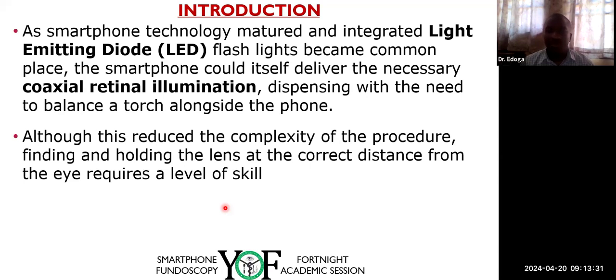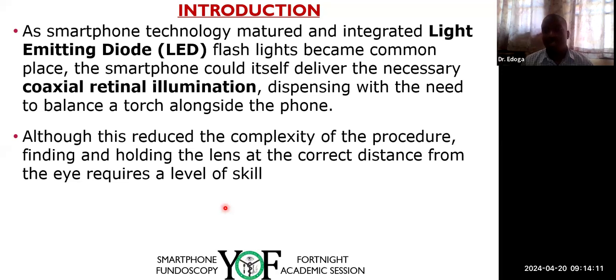Because if you check some mobile phones that we have, the positioning of the cameras and the flash usually vary because they are usually made to take pictures of people that are facing you. They are not actually made for fundus photography. However, through my little experience, I've found out that iPhones usually have the best outputs in the sense that they have coaxial cameras, especially from iPhone 8 down to iPhone 7, iPhone 6, and iPhone 5.